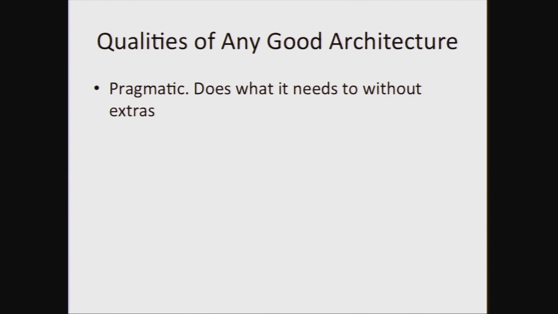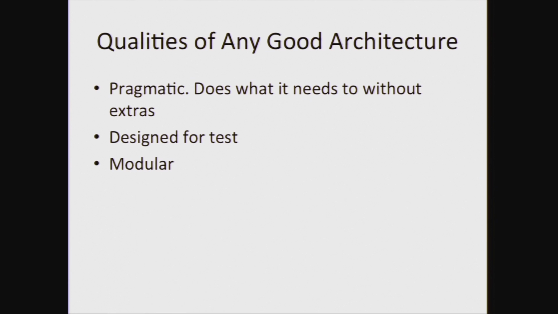Any good architecture, whether it's for a small system or a very large one, has to be pragmatic. What I mean by that is it's doing what it needs to do, whether it's performance or scalability kind of requirements, or data throughput, or usability, without a lot of extras. In the Agile world, it's also designed for test. An architecture where properties of it can't be tested is kind of not really a good thing.